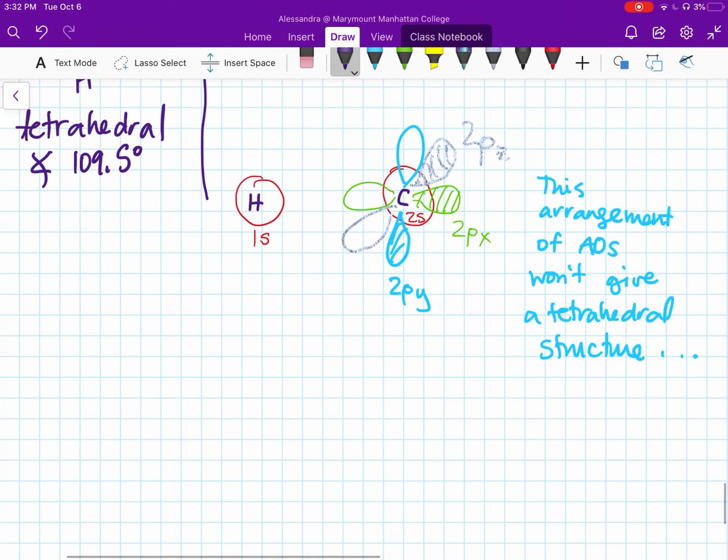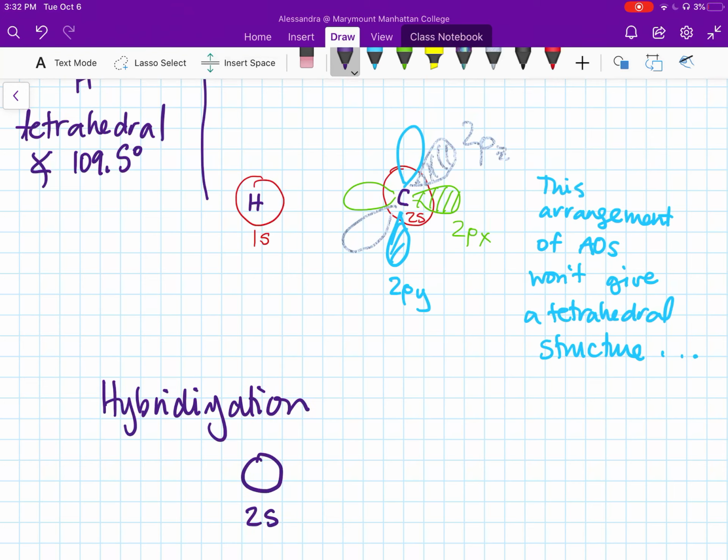Okay, another way to imagine that hybridization is to think about taking that 2s orbital and say adding it to a 2p orbital.